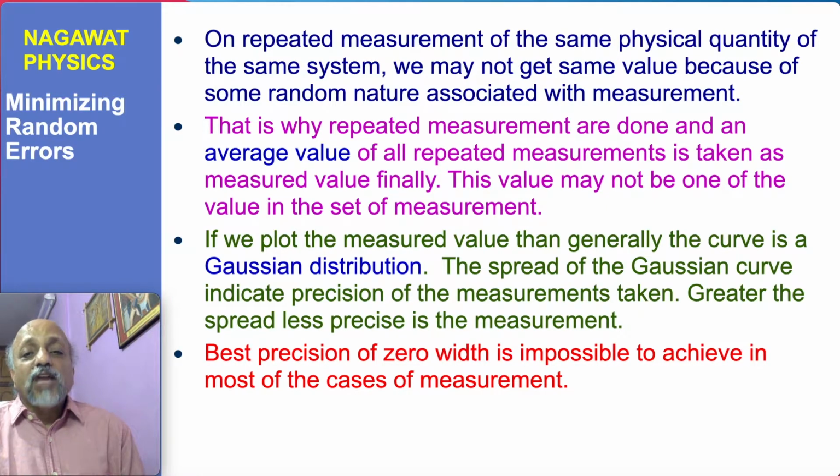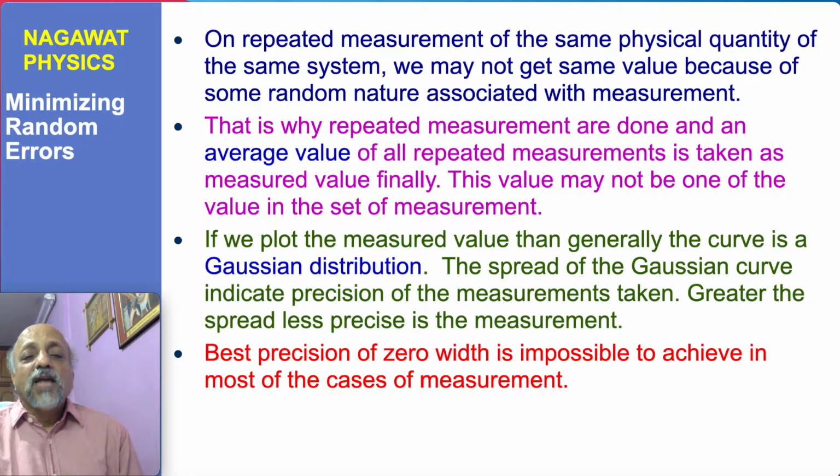So the average value should be used as the outcome of the measurement. This value may not be one of the values in the set of measurements, and that is a characteristic that may happen because of the way the average is defined in statistics.